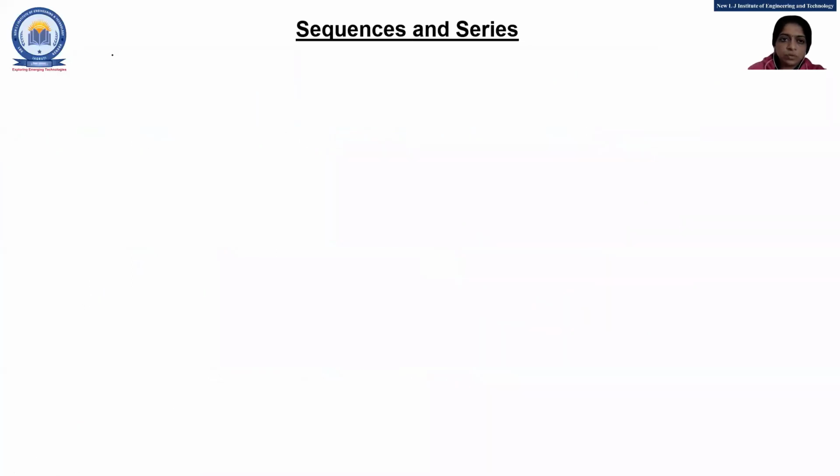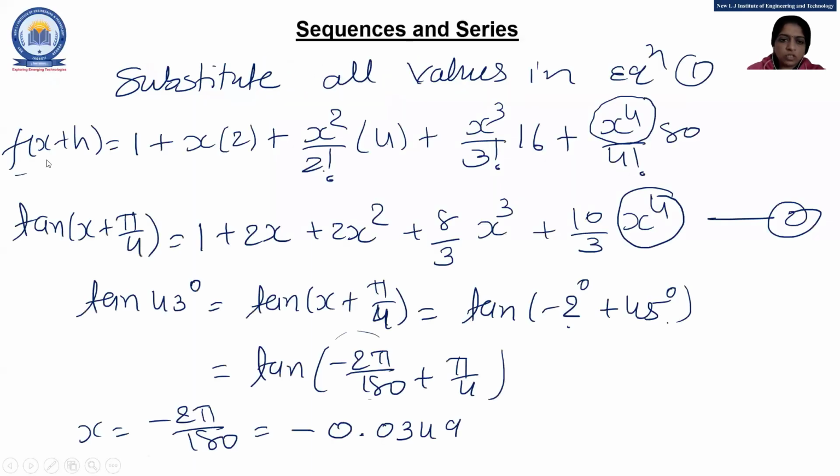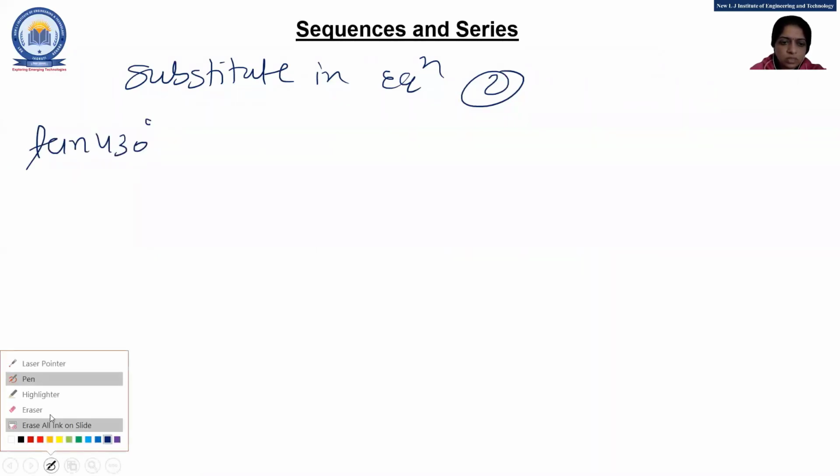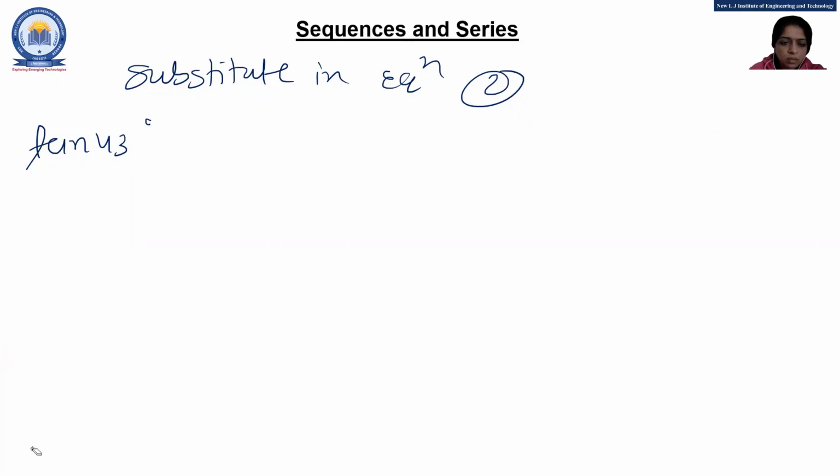Okay, so we have to substitute this value of x in this equation 2. So substitute in equation 2. See, this is tan x plus pi by 4, and tan x plus pi by 4 is tan 43 degree now. So for tan 43 degree, this is not 430, this is just 43, right?